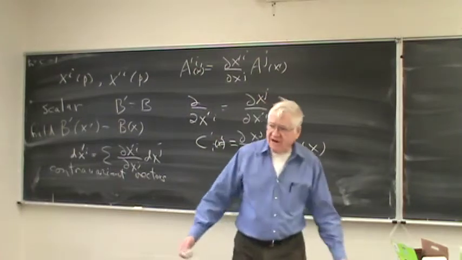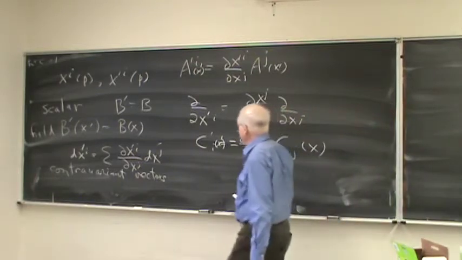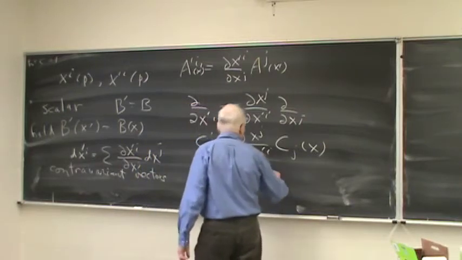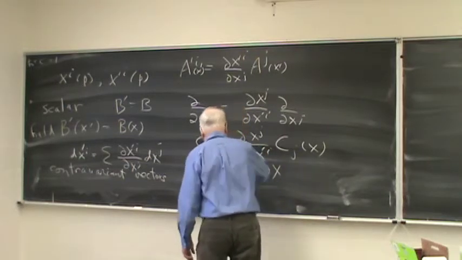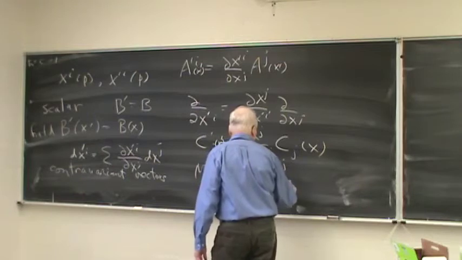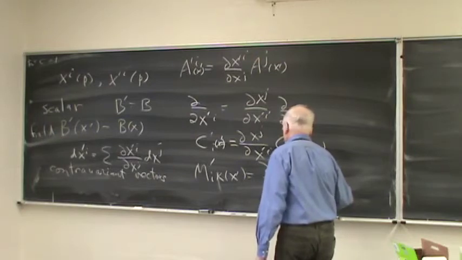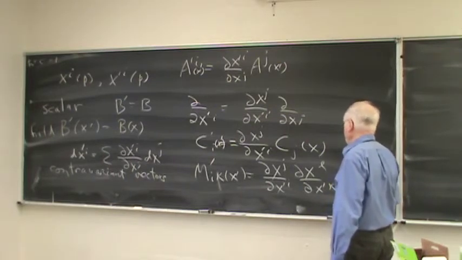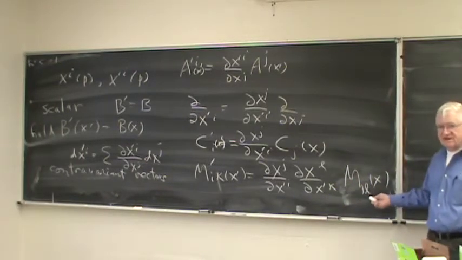And moreover, you can generalize this. If you have something, for example, that goes like this, M ij of x prime is partial x j over partial x prime i, partial x l over partial x prime k, times M jl of x, then this is a rank 2 covariant tensor field.